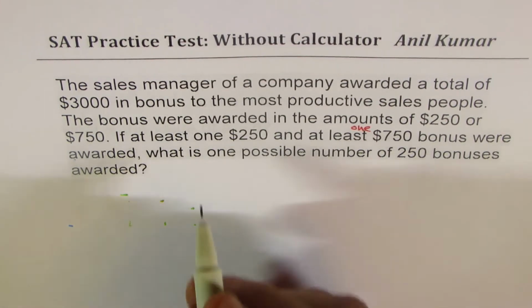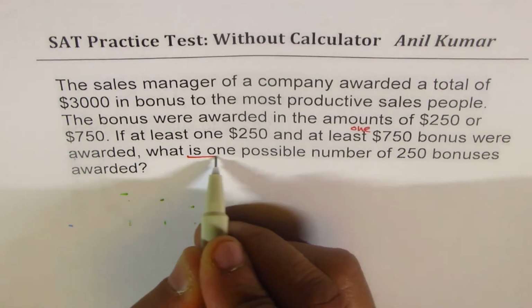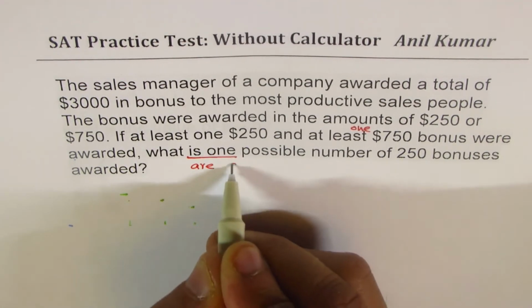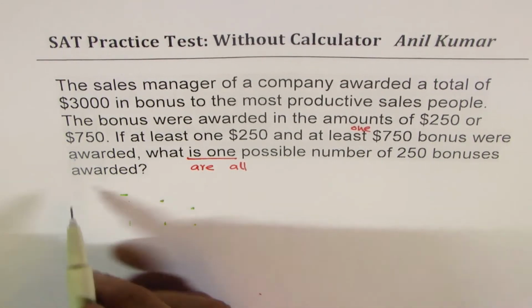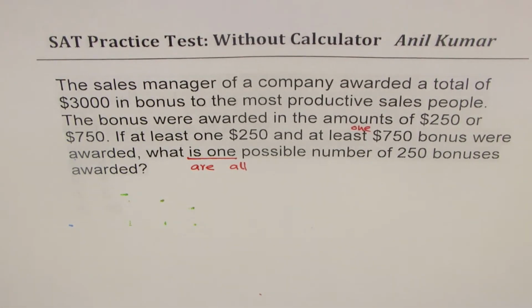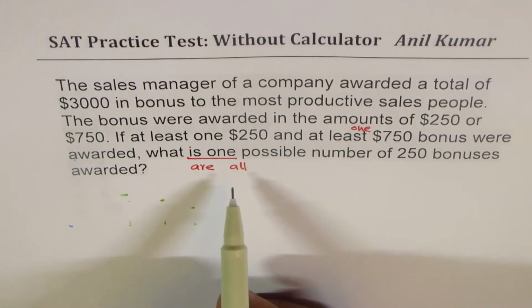So let me change this a bit so we can say what are all possible number of 250 bonuses awarded? So I'm just switching this question from at least one to what are all, right? So that could be a type of question in your new SAT, right?